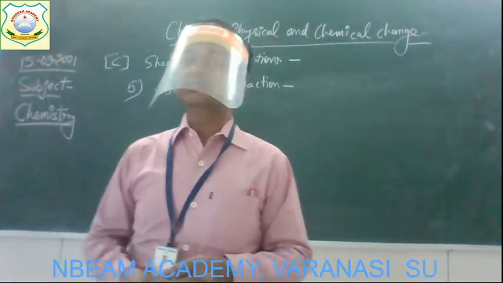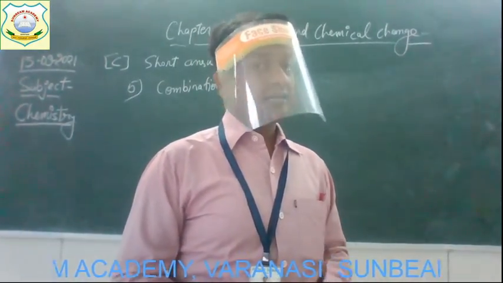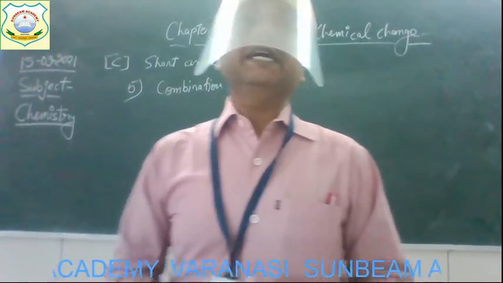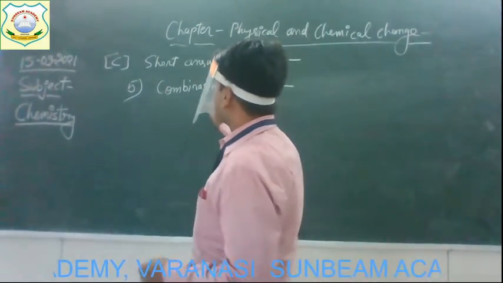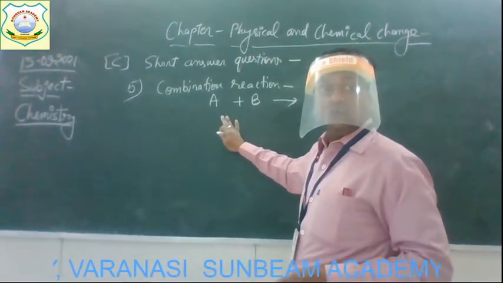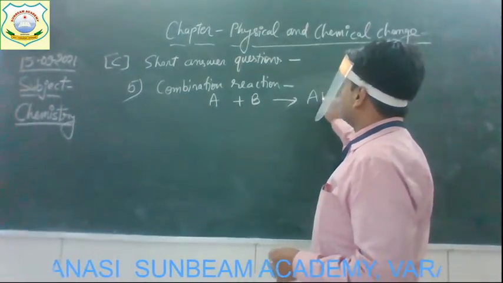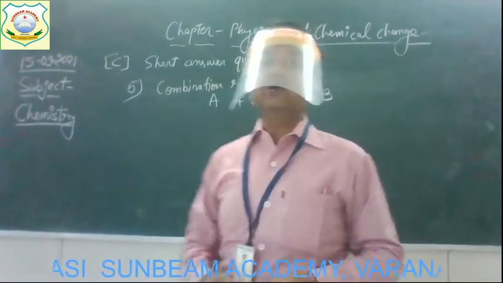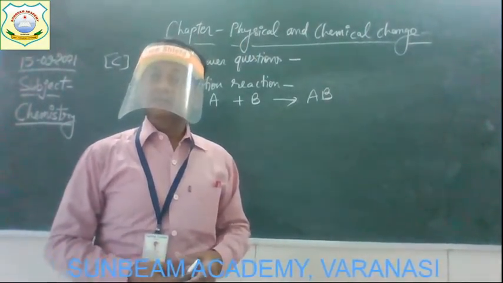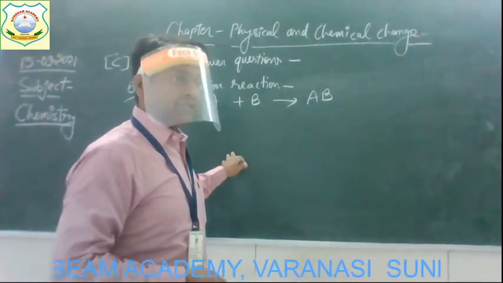Such reactions are known as combination reactions. Simply, we can represent a combination reaction as A plus B, they both react chemically and form a compound AB. So this is the general equation of a combination reaction.